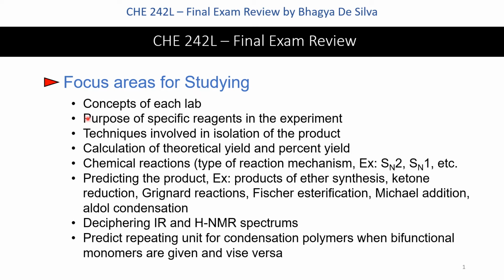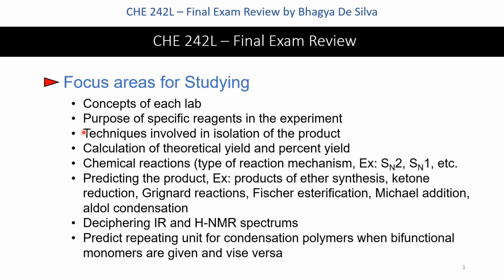Then you should be able to predict the products. So if you were given two reagents for ether synthesis, or you were given a molecule that will be reduced, it's a ketone reduction experiment, or you were given a Grignard reagent with another molecule for Fischer esterification, Michael addition, aldol condensation.